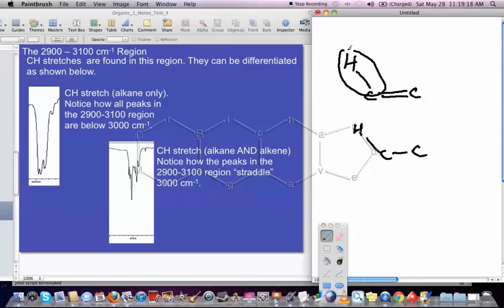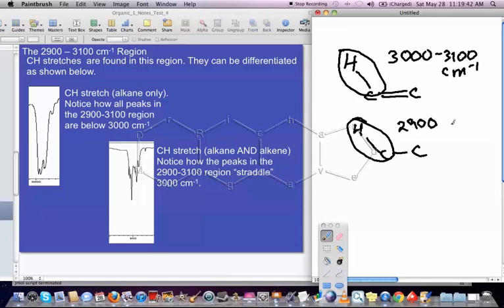We're only talking about the stretch of this particular bond, and it turns out that it's going to be at higher frequency when it's connected to a double bond and lower frequency when it's connected to a single bond. So this usually appears at about 3000 to 3100, and this one will appear at about 2900 to 3000 wave numbers.